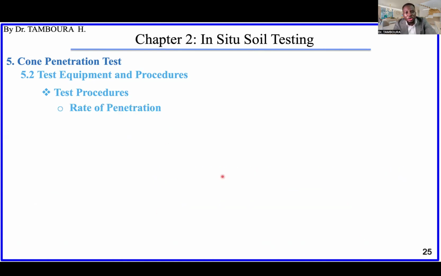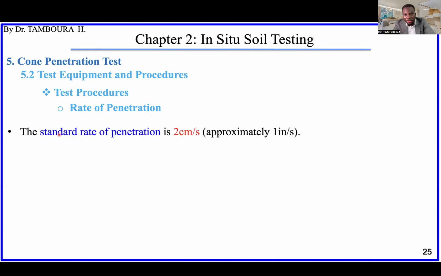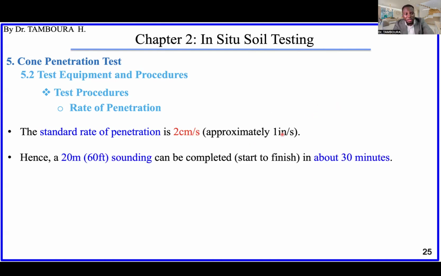Next, rate of penetration. I think I have talked about this at the beginning also. For the electrical cone, the standard rate of penetration is 2 centimeters per second, approximately 1 inch per second. According to that, we can do a sounding of about 20 meters in about 30 minutes.